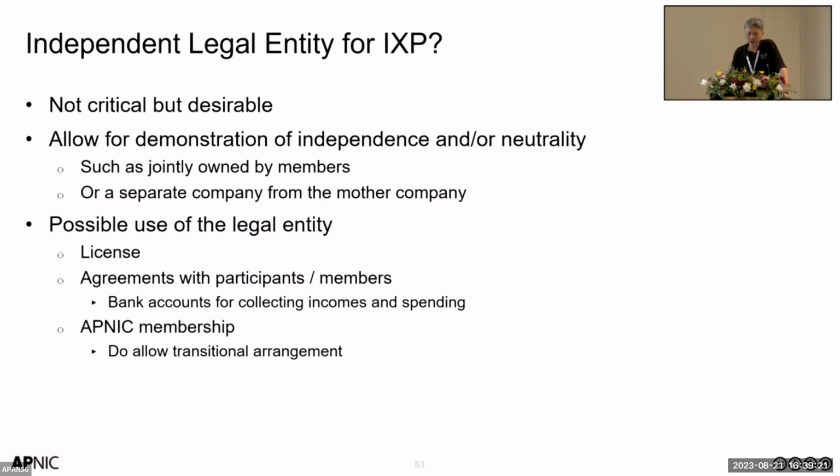If you have a different setup, maybe a membership-based organization, then you probably would need to set up another legal entity. With that, of course, you can apply for a license, you can set up agreements with participants, and also you can use that to apply for APAN membership.